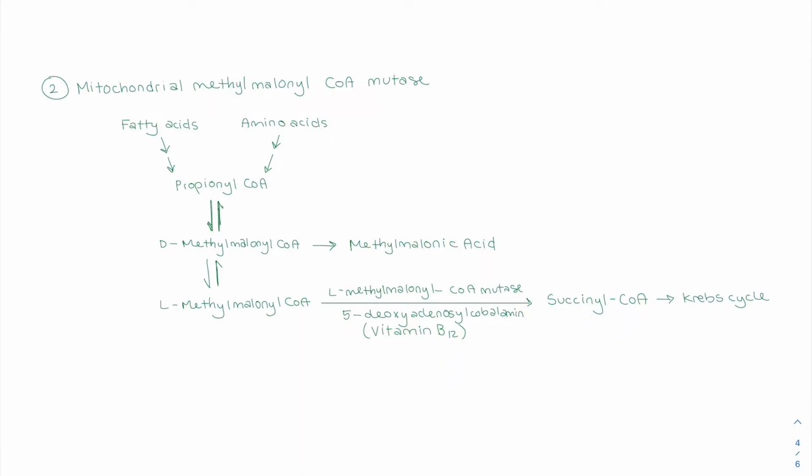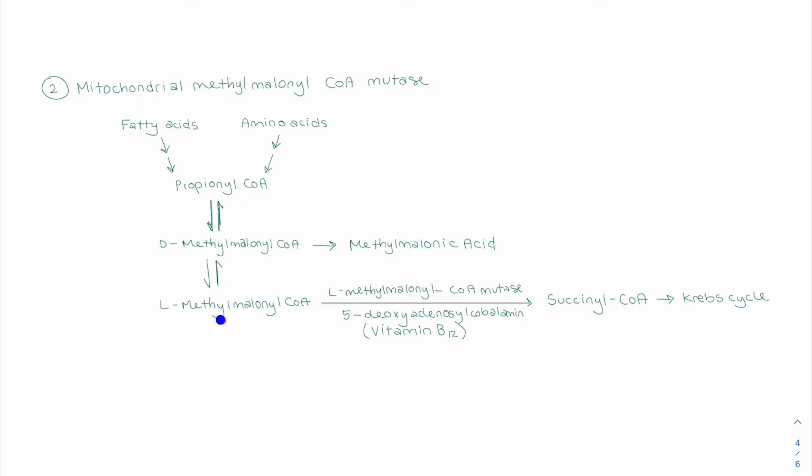So if there's no vitamin B12 in our bodies, we're going to have a buildup of this L-methylmalonyl CoA. You notice that this is a one-way reaction, but if there's a buildup here, it's going to go back up the reaction.